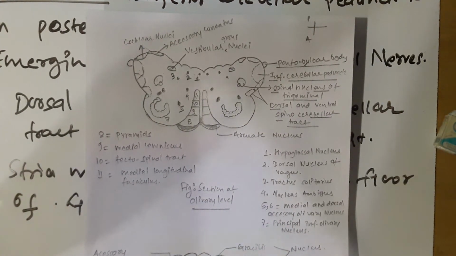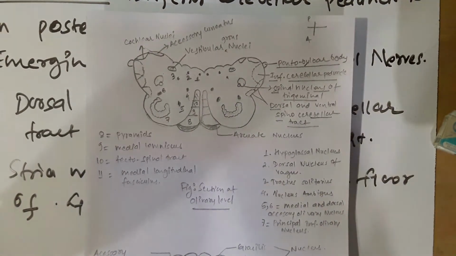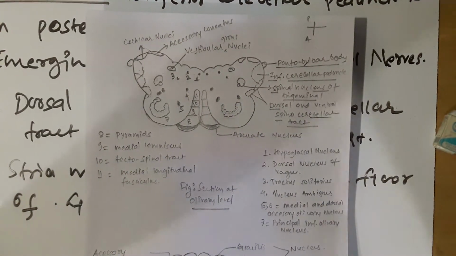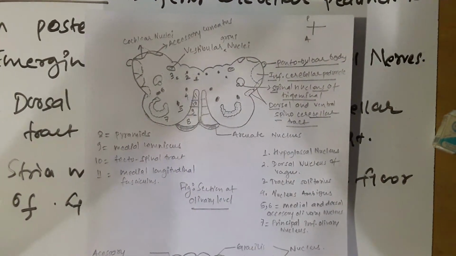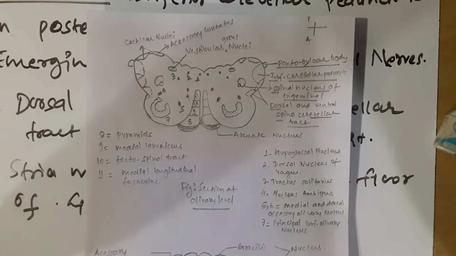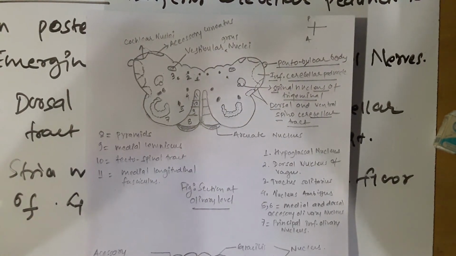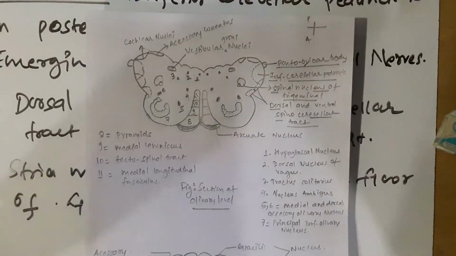After we complete the internal and external features of the pons, we'll discuss the clinicals of both medulla and pons all together in a single video. So we'll see you in the next video, where we'll discuss the internal and external features of the pons, the next part of the brainstem.